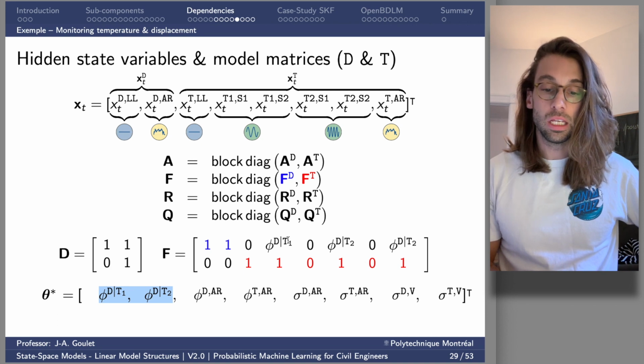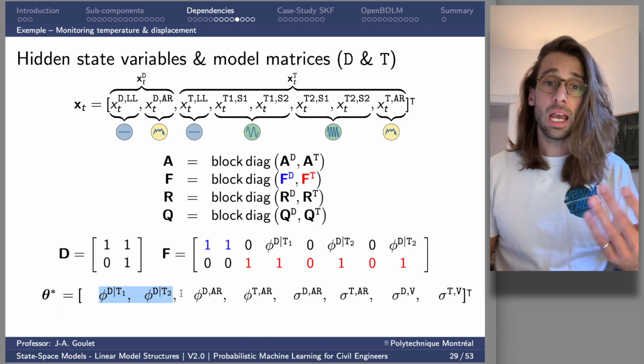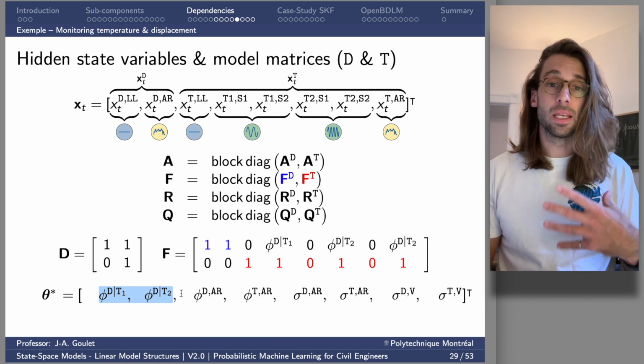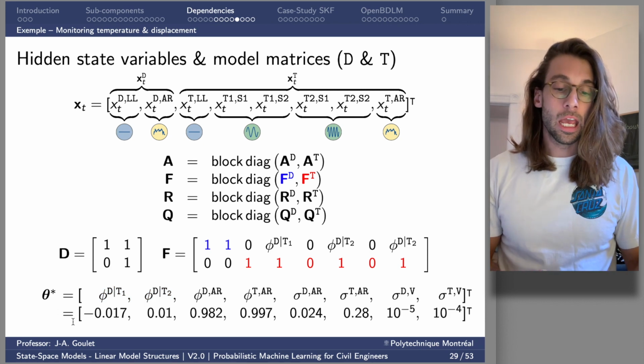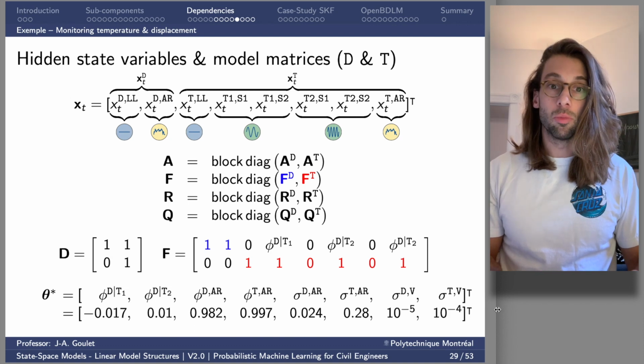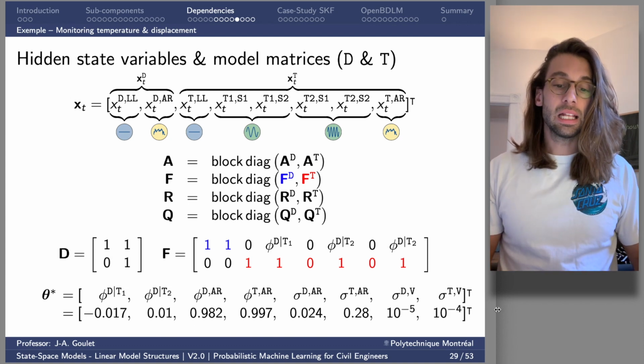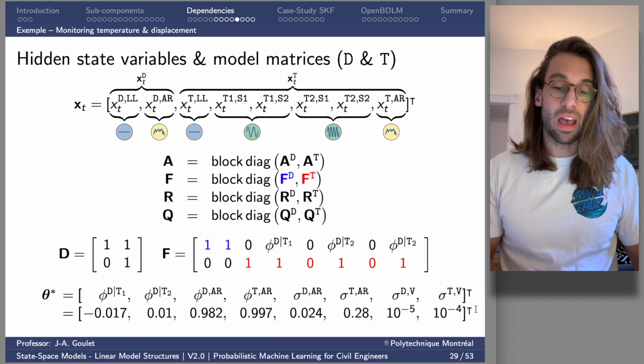So sigma dt1, sigma dt2, okay? So in that case, I use an MLE approach based on the Newton-Raphson algorithm in order to find these optimal parameter values. And let's look at the specific values we obtain for our regression coefficients.